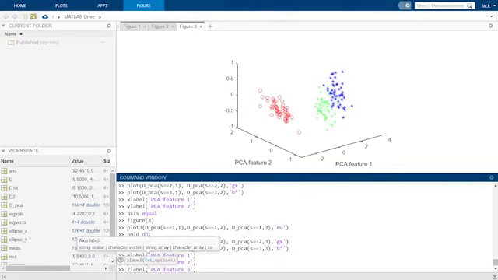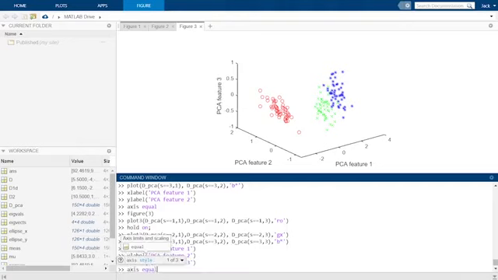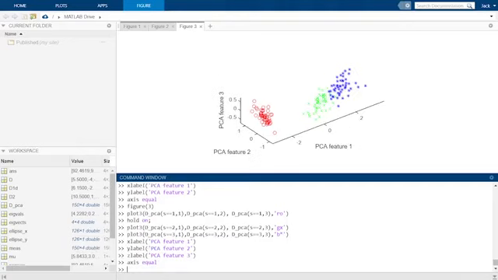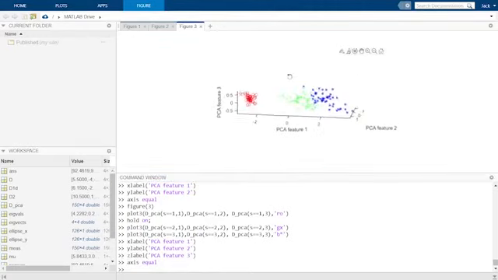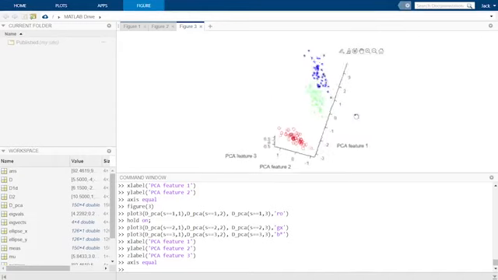And we can label our axes. And using the rotation feature in the plot, we can look at the data from different angles.